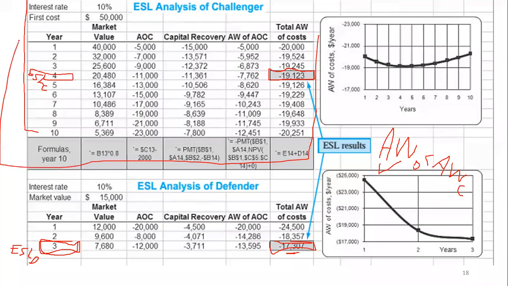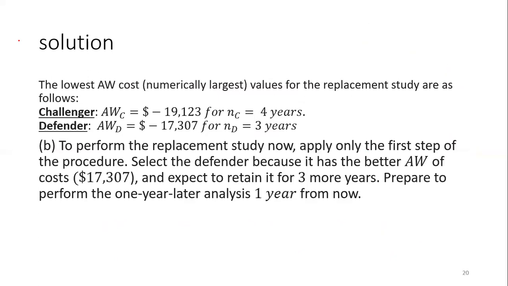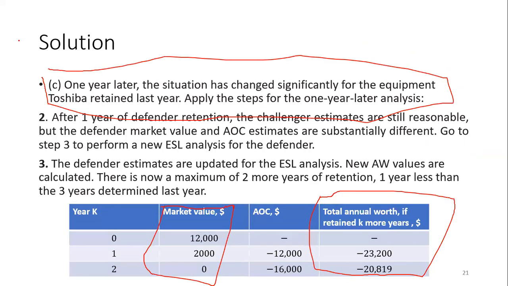We just study the economic service life for the defender, and therefore we found that the minimum annual cost turns to negative 20,000 after changing the data from point C.